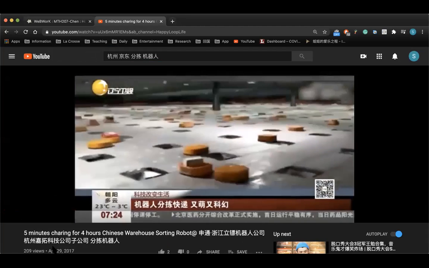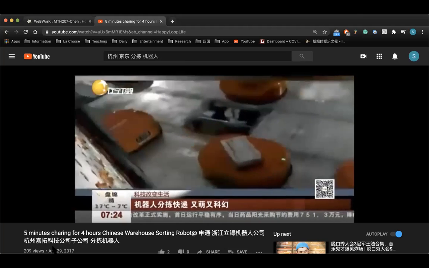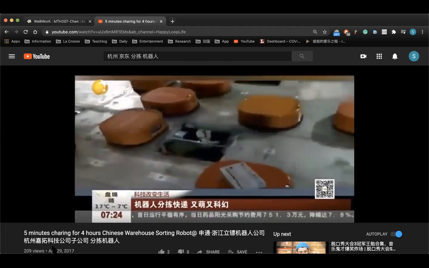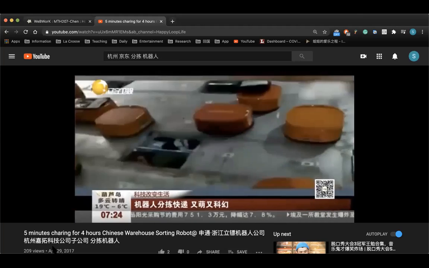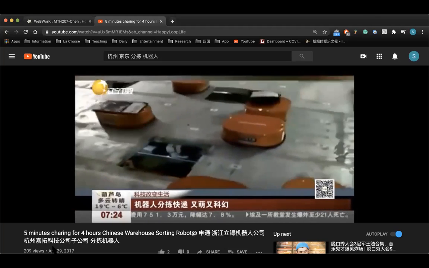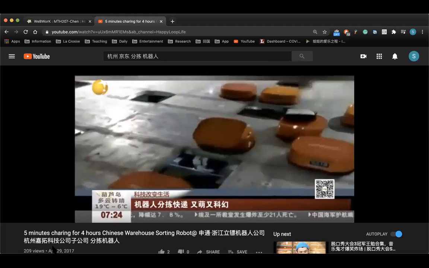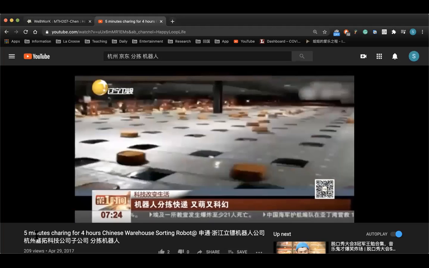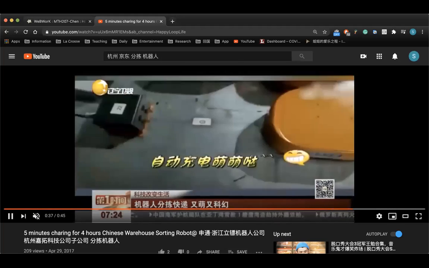Look at that. Every single hole here has a belt connected to a particular truck going to a particular location. That's automatic charging.